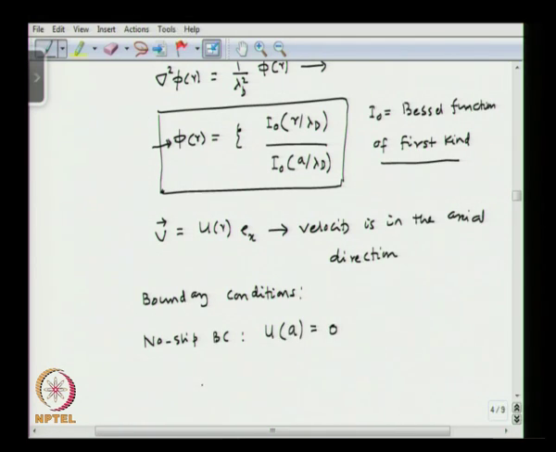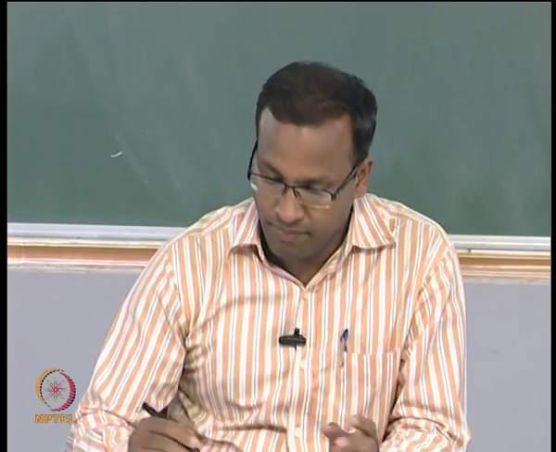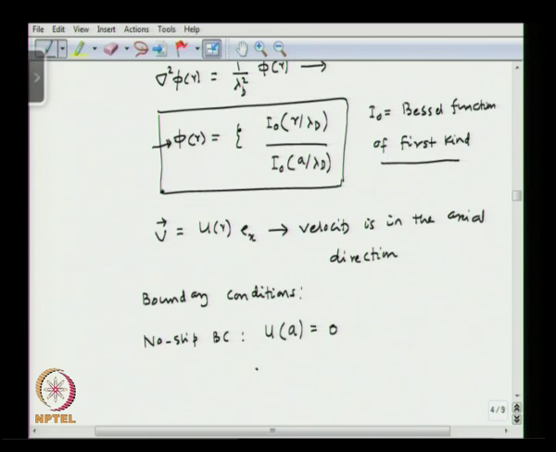The second boundary condition is that when you are talking about flow through a tube, we are talking about symmetry. So, the gradient of the velocity at r equal to 0 should also vanish. The gradient del u over del r at r equal to 0 should also be 0, and this is the symmetry boundary condition.